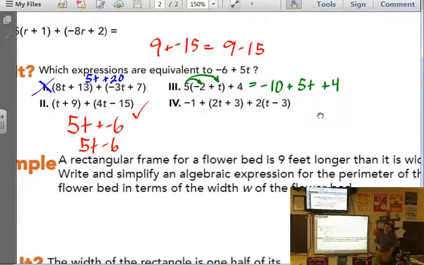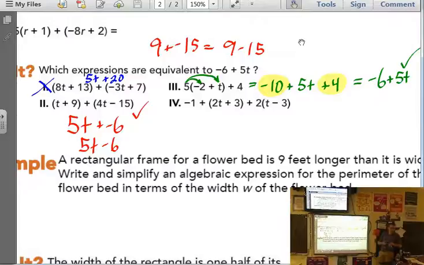I see a lot of hands doing nothing. So now I look for like terms. My negative 10 cannot add with my 5t, but could it add with my 4? Yeah, they're both constant. So if I start with a lack of 10, and then somebody gives me 4, what am I still? I'm still negative, still negative 6, and I still have that 5t, so option 3 also matches. It's got that negative 6, and it's got that positive 5t.